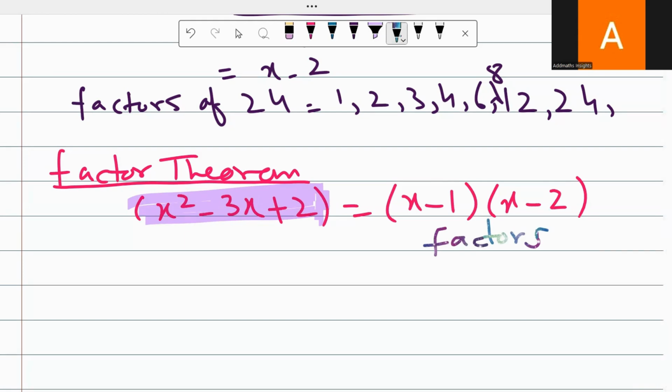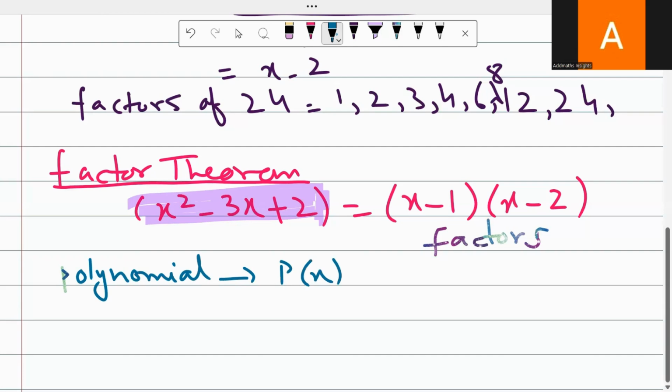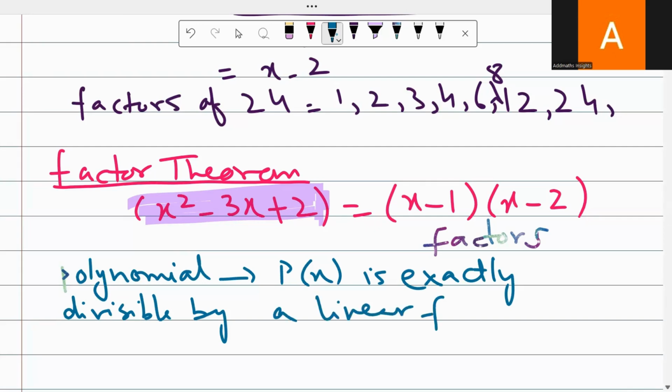So if a polynomial p(x) is divided exactly by a linear factor x − c, for example, we take the general form: your polynomial is p(x) and is exactly divisible by a linear factor x − c, because the highest power of the variable is 1, so it is called a linear factor.